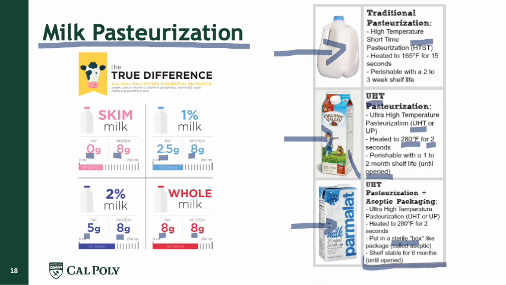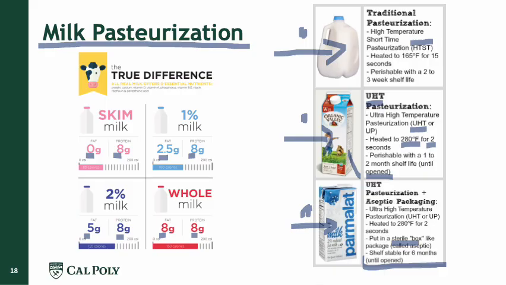So there's no need for refrigeration here in this package. And this is very widely consumed in Europe and Latin America and Asia. So in the US, we normally consume this type of milk. And this is new in the market.